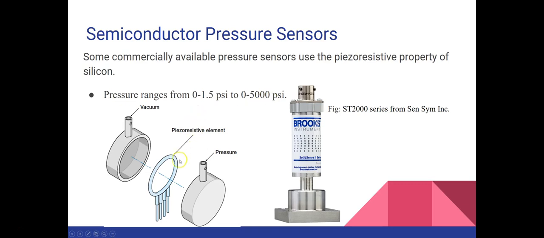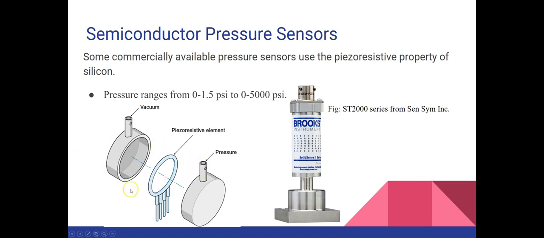In this a piezoresistive element is used, and it basically converts the pressure directly into resistance, and that resistance can be converted into voltage. So you see here, from here the pressure is applied and vacuum is applied from here, and then we have this piezoresistive element in between.